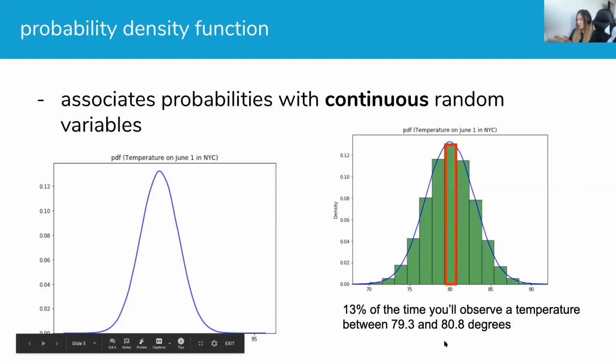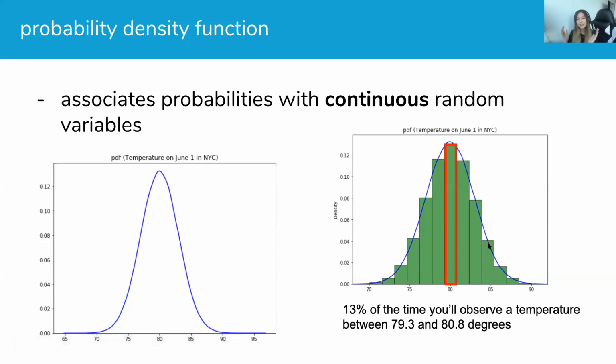We have 79.3, and it looks like we're using one decimal place here, but there's also a probability associated with 79.31 or 79.30005. So there's an infinite number of points in this range of values, which is what makes it continuous. Does that make a little bit more sense?